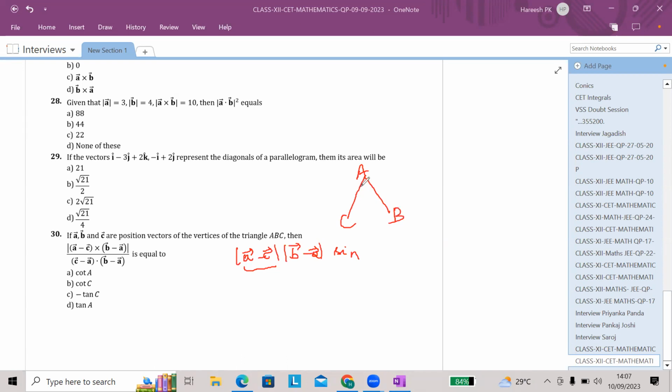So the angle between the two is nothing but angle capital A. So here you have sine A and in the denominator you have cos A, and mod of C minus A or A minus C both are one and the same. So this will get cancelled. So the answer that we are left with is tan A, which is option D.